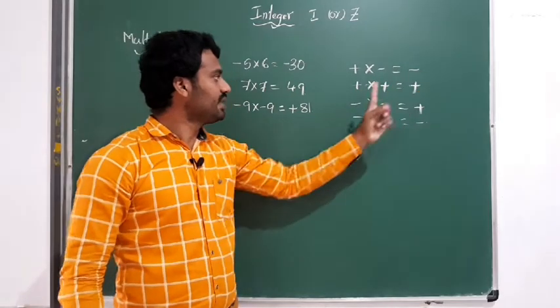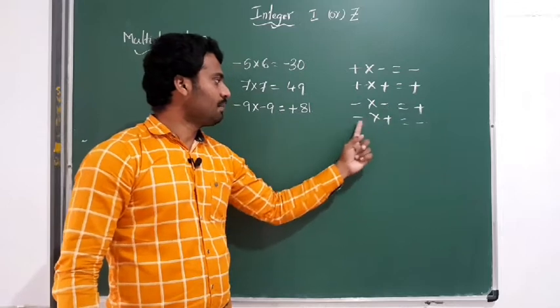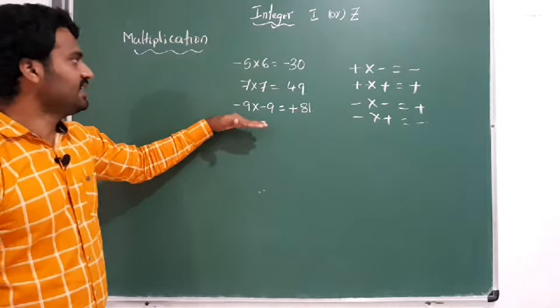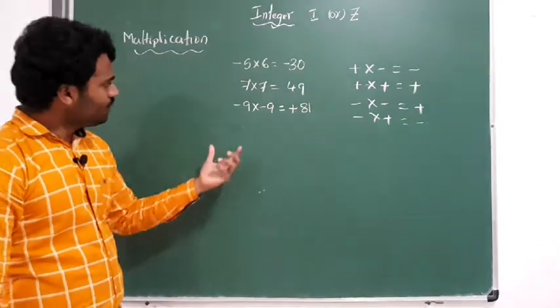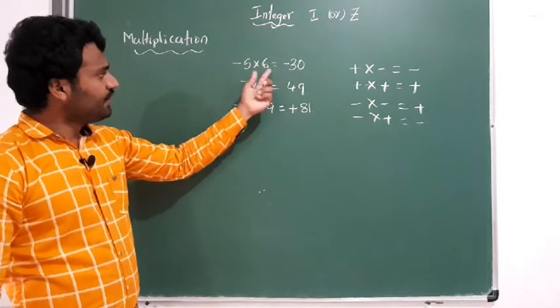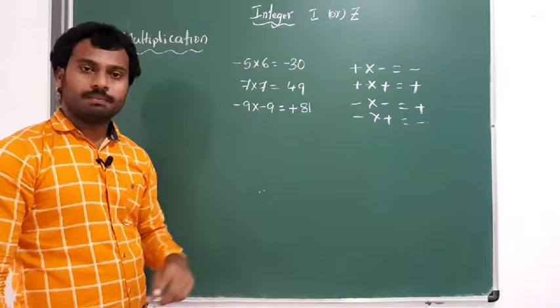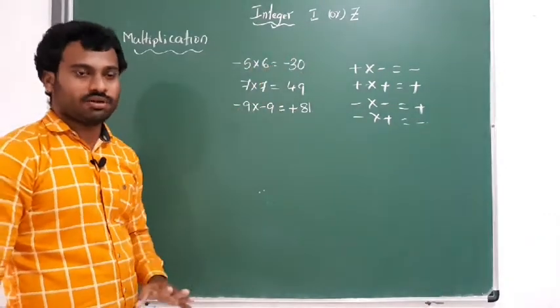Plus into minus, minus. Plus into plus, plus. Minus into minus, plus. Minus into plus, minus. If you know this, then you will easily understand. Clear? So positive into negative is negative, two positives is positive, two negatives is positive. If you interchange, you also get the same.